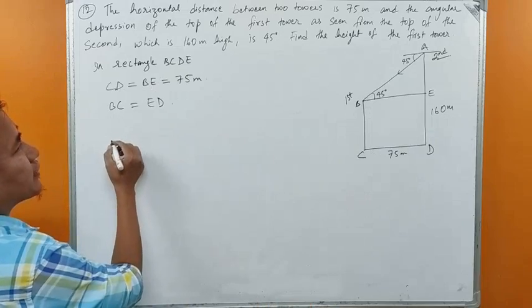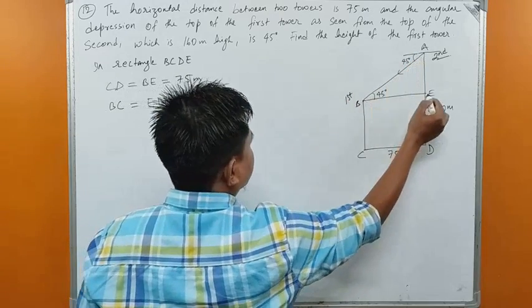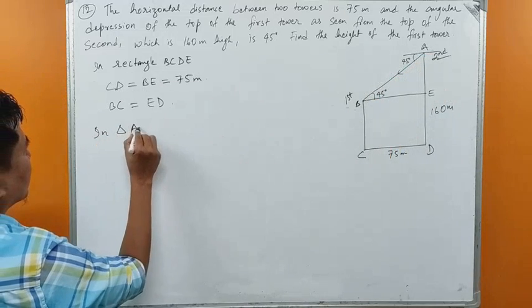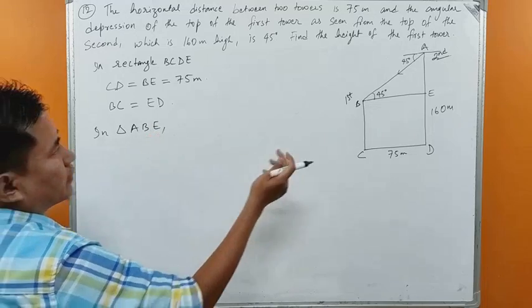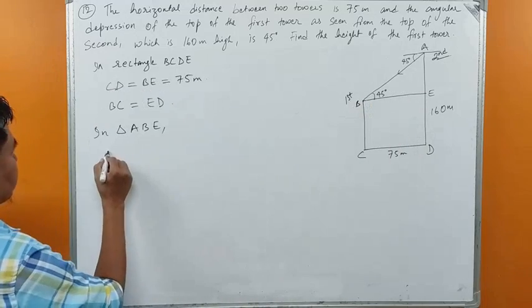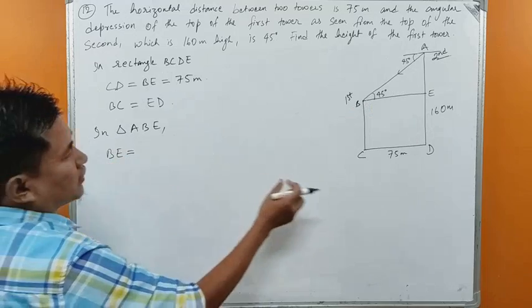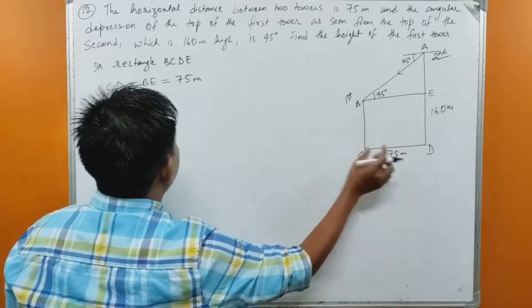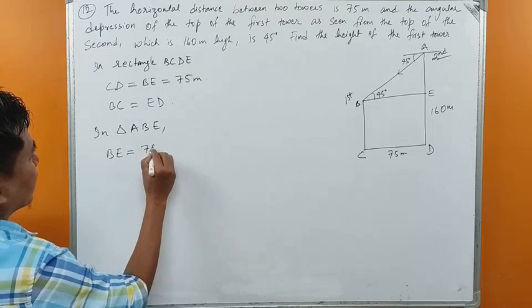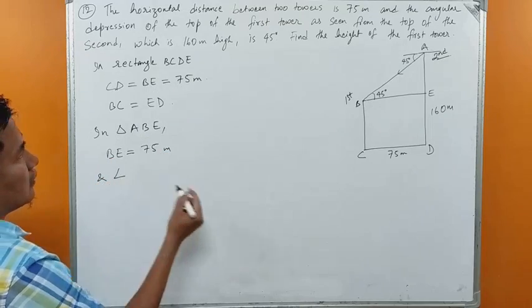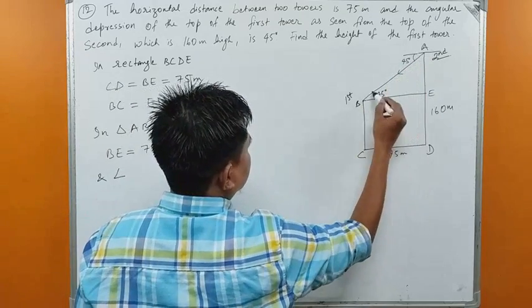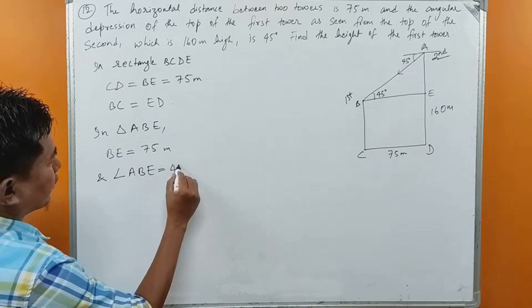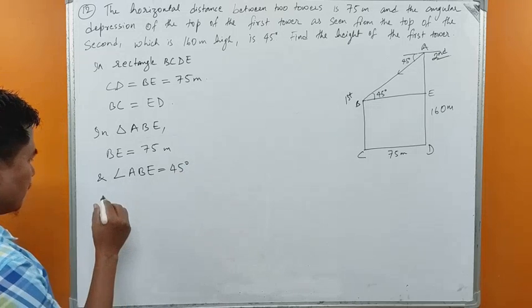Now in triangle ABE, we have BE equal to 75 meters because BE and CD are equal, and angle ABE is 45 degrees. So let us apply tan theta.